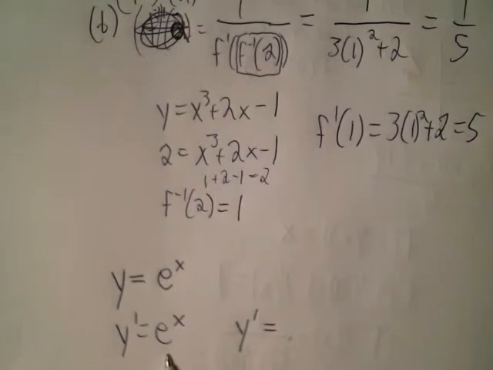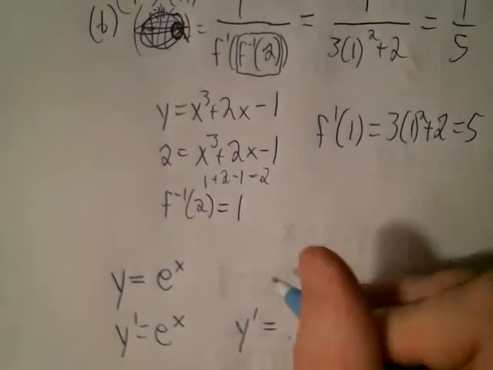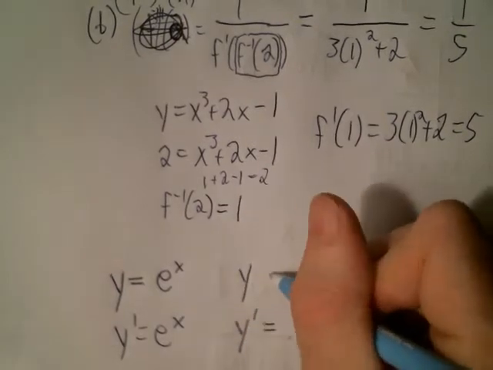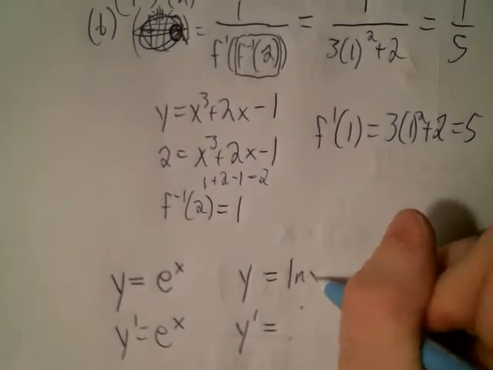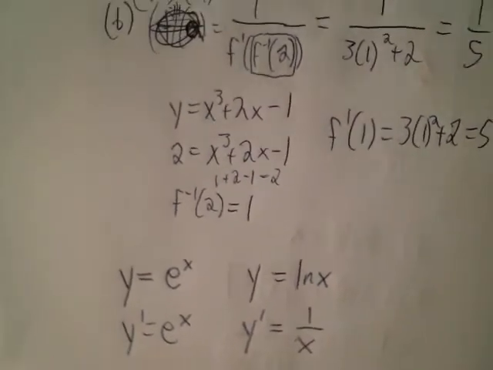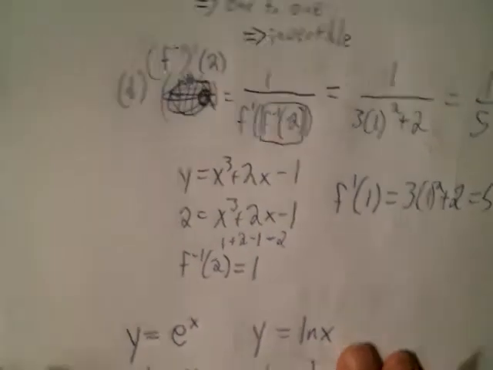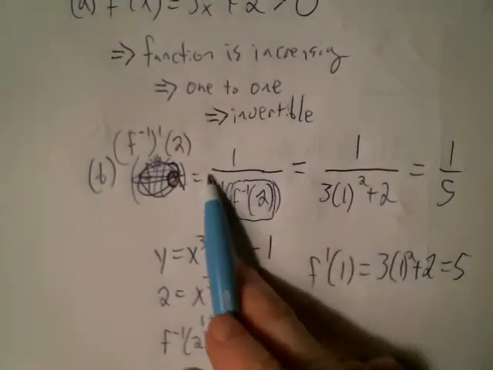The derivative of the inverse of e to the x is, what was the inverse of e to the x? So the inverse of e to the x is ln of x, and then its derivative is 1 over x. Okay? And we were able to finagle this answer by working with this expression.